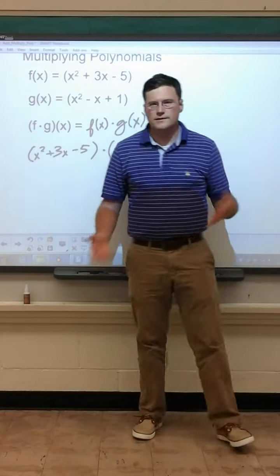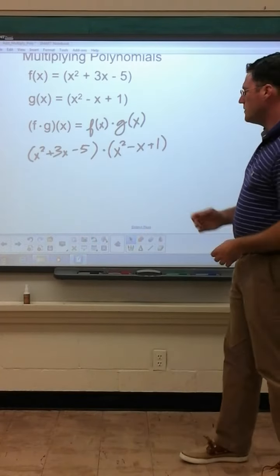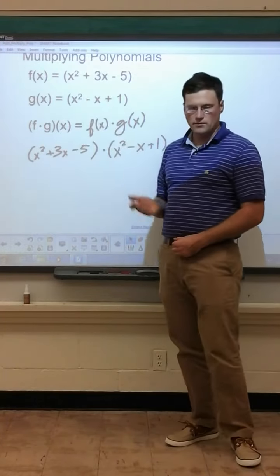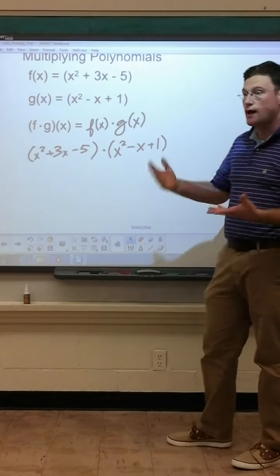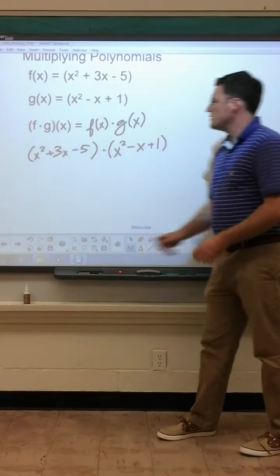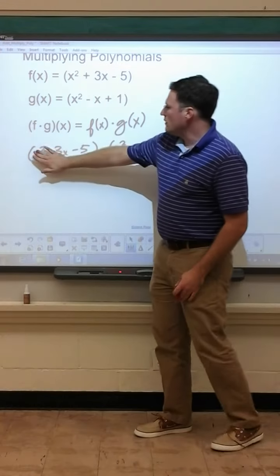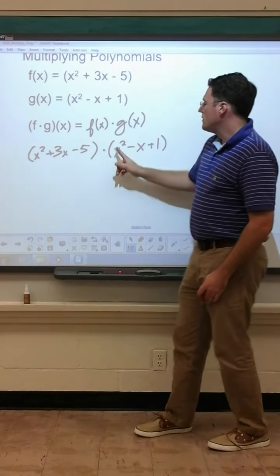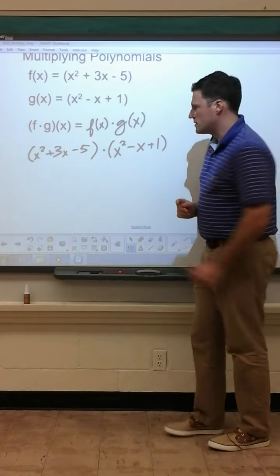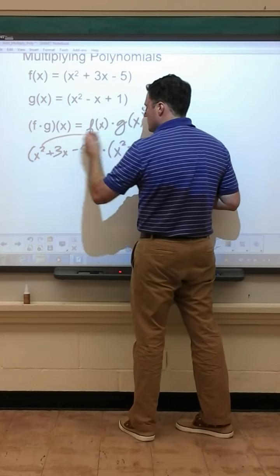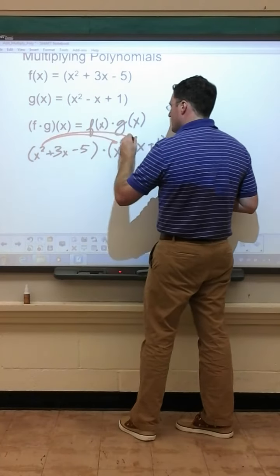So the idea here is the same as when we had binomials, which just have two terms, okay, but these have three terms, they're trinomials. And we're going to take all of these terms and make sure we multiply each one by these terms. So I'm going to take x squared and multiply it by everything over here.